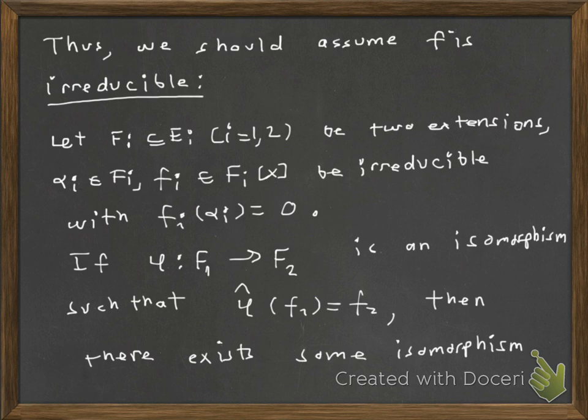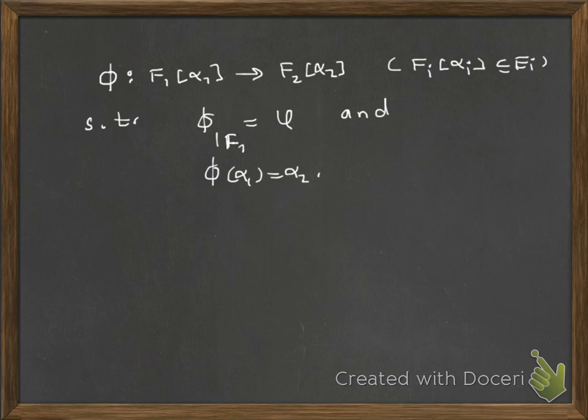Okay, so under these hypotheses, there is an isomorphism of rings, but in this case fields because of algebraicity, right? That extends phi and maps one root alpha 1 to the other.